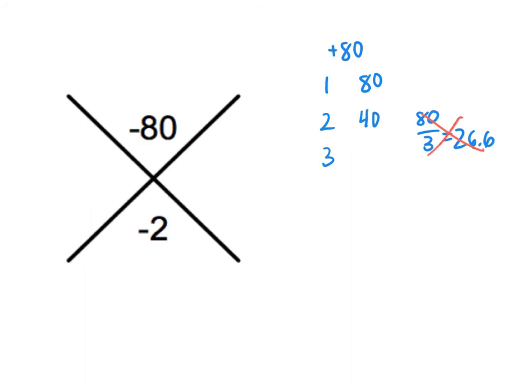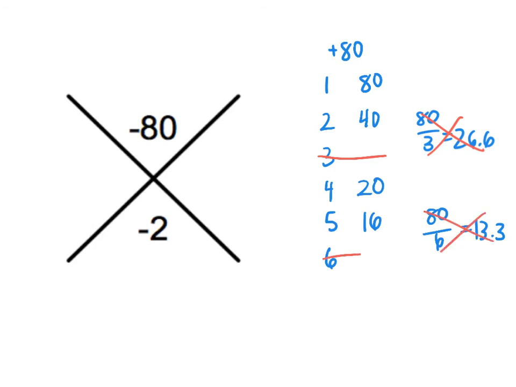So that means 3's out. 4 times 20 would give me 80. 5 times 16 would give me 80. 80 divided by 6 is 13.3. So that means 6 is out. 80 divided by 7 is 11.4. So that means 7 is out.